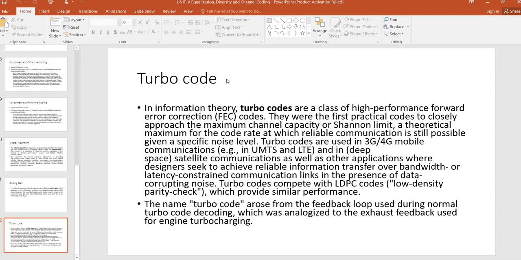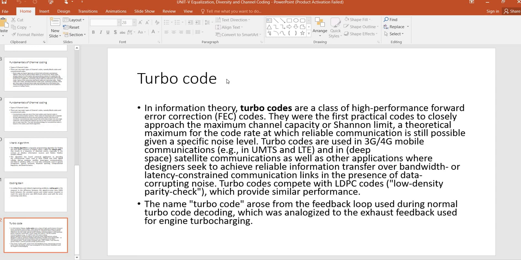This error correction mechanism, FEC, in turbo codes is used in 3G and 4G, maybe in UMTS and LTE, and in satellite communications, as well as other applications where designers seek to achieve reliable information transfer over bandwidth or latency constrained communication links in the presence of data corruption noise.